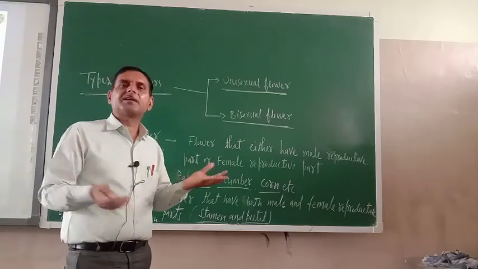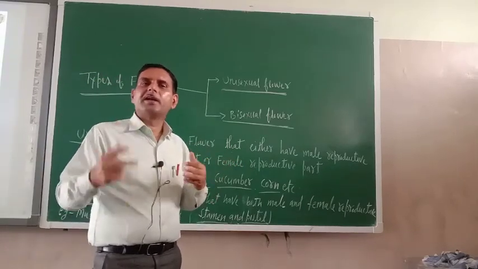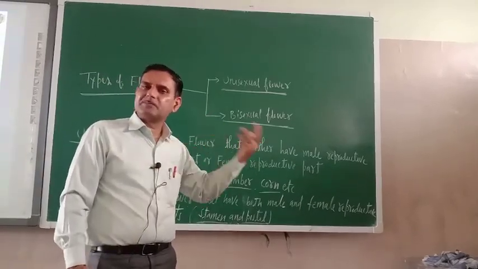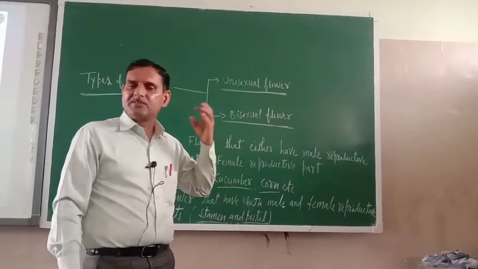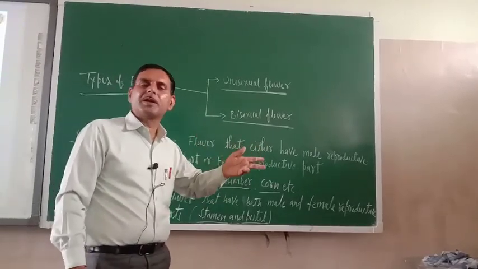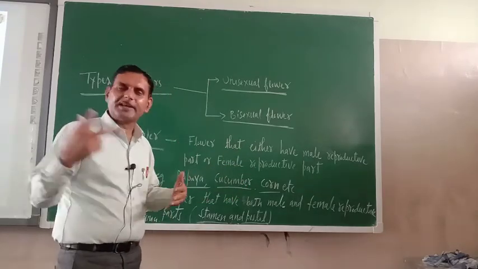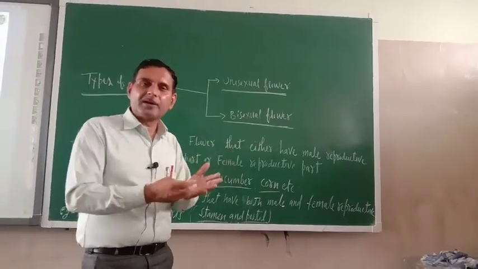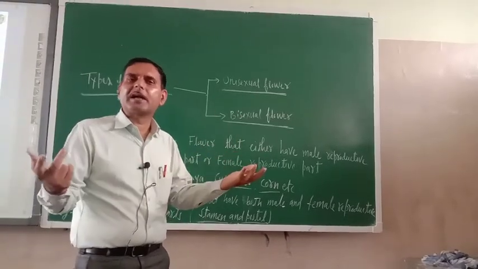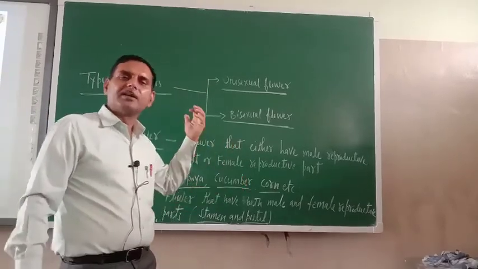Just collect different kinds of flowers, tear them apart and try to identify which part is the sepal, which part is the petals, which one is the stigma, which is the style, which one is the ovary. You can do this because you have plenty of time. There is no need to see it in the microscope. By collecting different kinds of flowers, you will get ideas of the different parts of a flower.